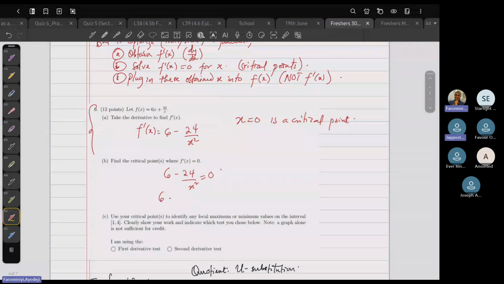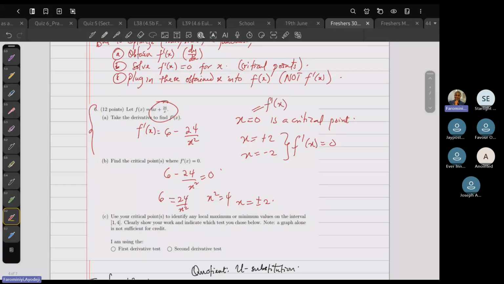This means 6 equals 24 over x squared, so x squared is equal to 4, which means x equals plus or minus 2. So the critical points for this function are x equals 2 and x equals minus 2, where f prime of x is 0, while x equals 0 is where f prime of x is undefined. Do you understand? Yes, sir.